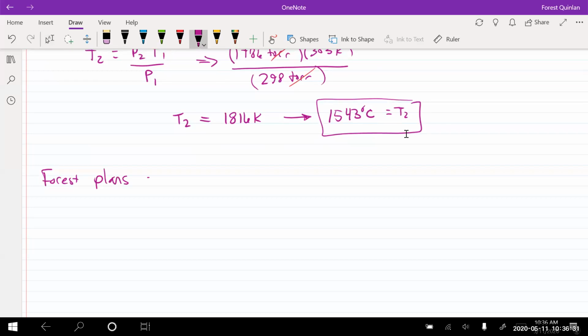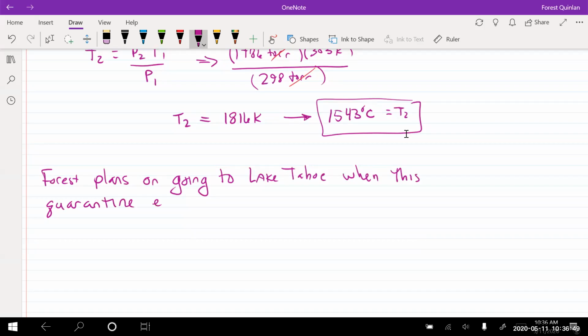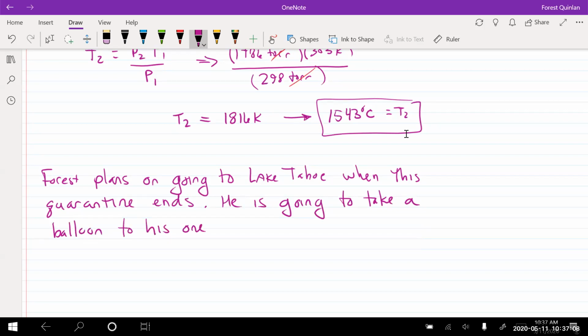Forest plans on going to Lake Tahoe when this quarantine ends. He is going to take a balloon to his one and only friend.